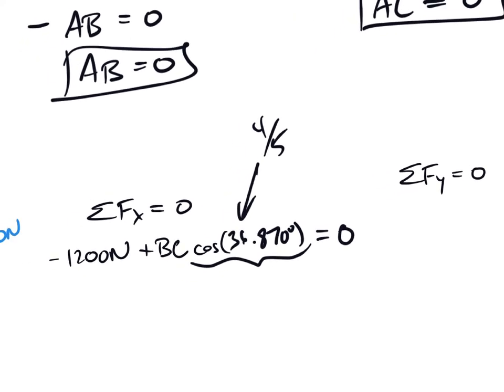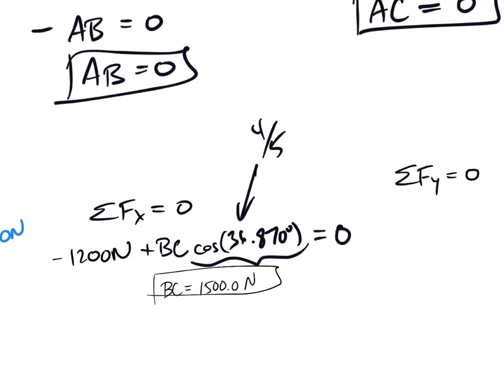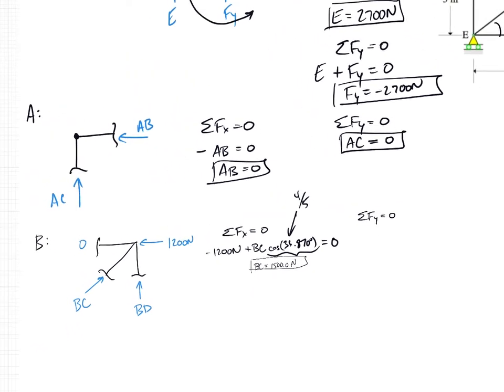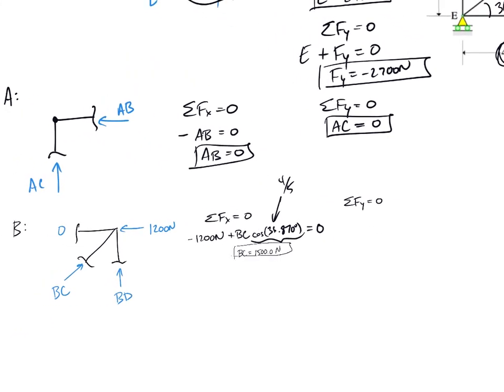If we solve this equation, we're going to end up with BC equals 1500.0 newtons. Now we're going to do sum of forces in Y. We've got 2 forces in Y. I've got BC times the sine of 36.870 degrees, plus BD equals 0.